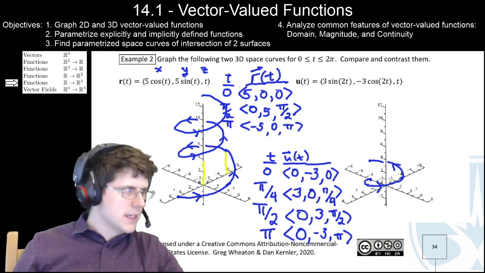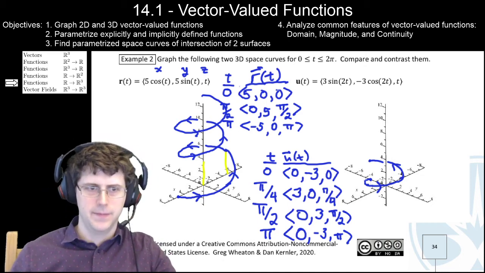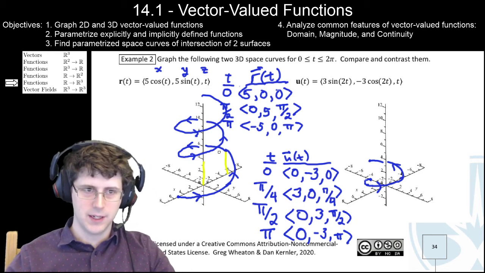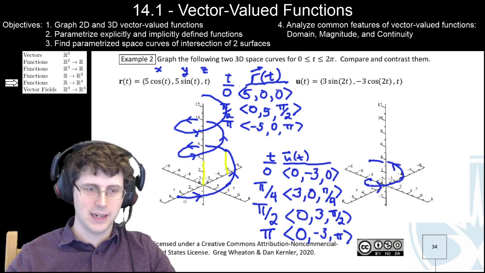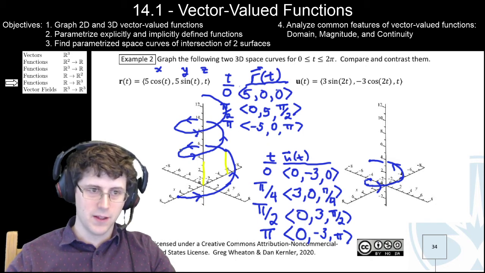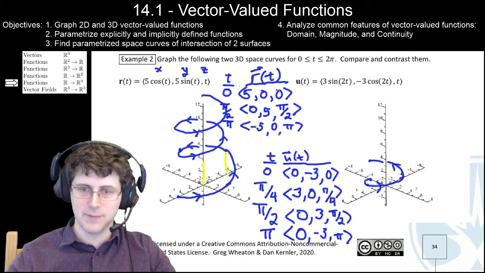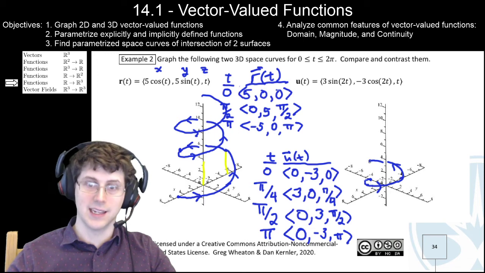So they're both spiraling around in the same direction, but we didn't get all the way around on the first one until we made it up to t equals 2 pi. So the first time that we made it all the way around the helix one time, we were already up between 6 and 7. Where this one, by the time we get around once, we're only up at height like 3.